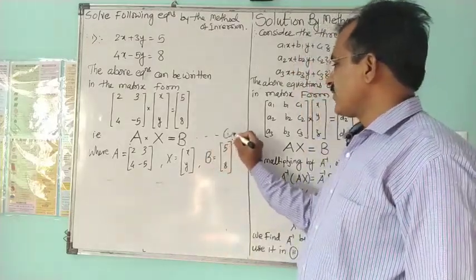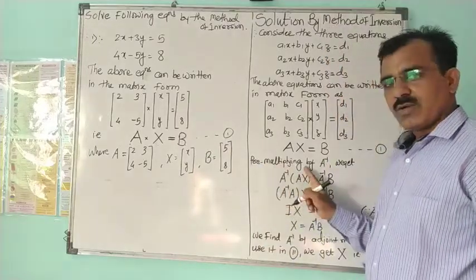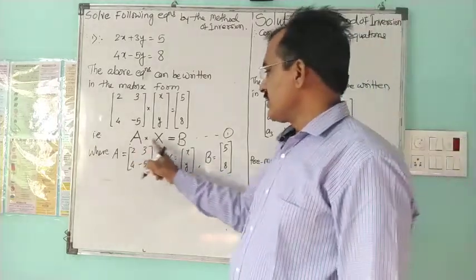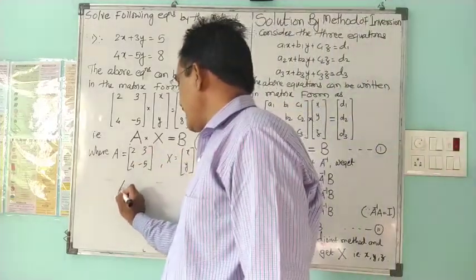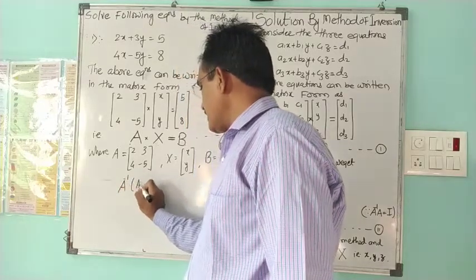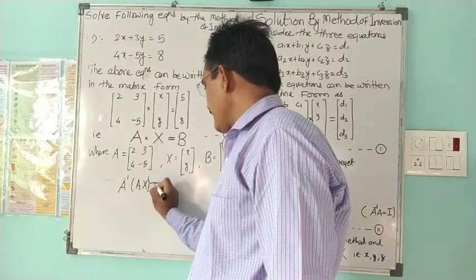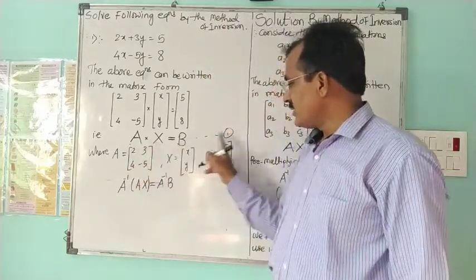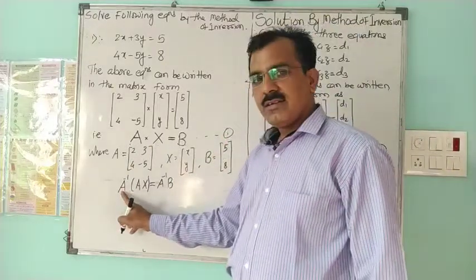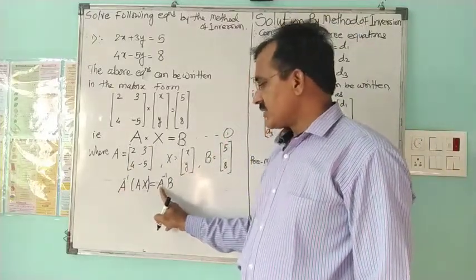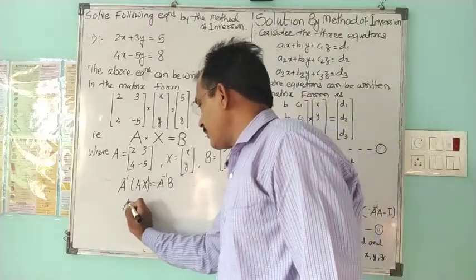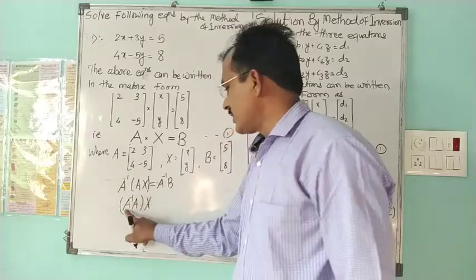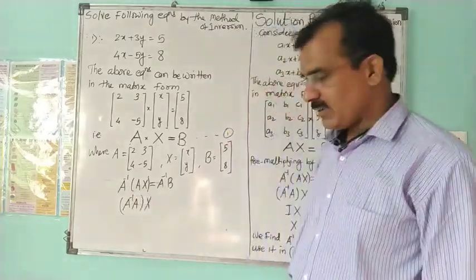If this is the equation first, then by this procedure, what we are doing? Pre-multiplying this equation by A inverse. So this equation, when multiplied by this A inverse, will have its next form as A inverse into AX is equal to A inverse into B. So this AX is equal to B, this equation 1 is multiplied by A inverse. So this pre-multiplication gives us the left hand side in next step as A inverse into A, as associative law is satisfied in multiplication of matrices.